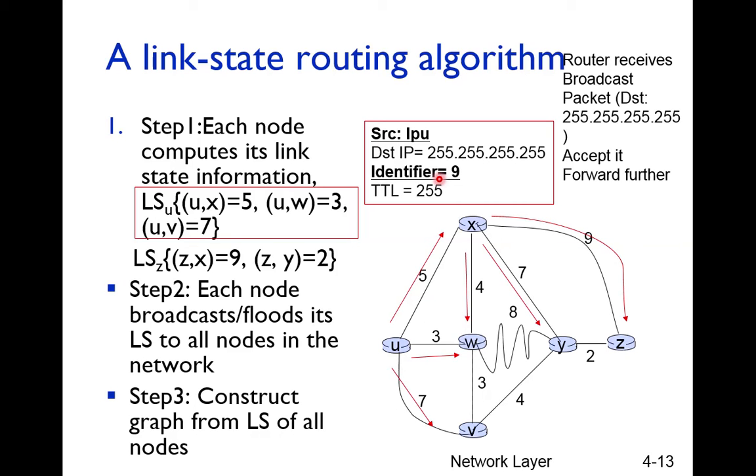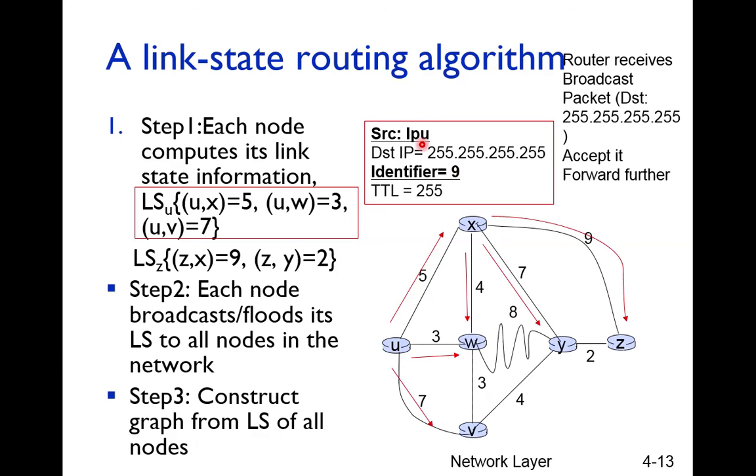Suppose this identifier is 9. So when this message is sent, it has the source IP of U and identifier 9. When X forwarded it further, it also has the source address IP of U and identifier 9, meaning this message is generated by U and its identifier is 9.